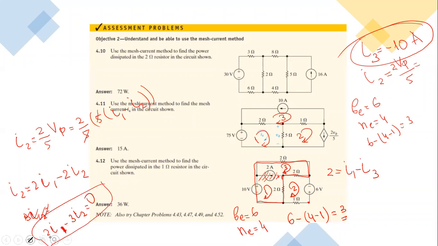And the first equation is the KVL for mesh 1: negative 75 plus 2I1 minus I3 plus 5 times I1 minus I2. I3 is given as negative 10 amperes. So you will have two equations, one KVL from here, and this is the second equation. You solve it, you find I1 and I2.